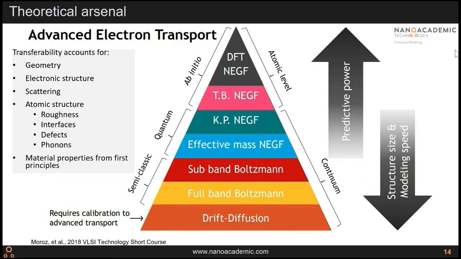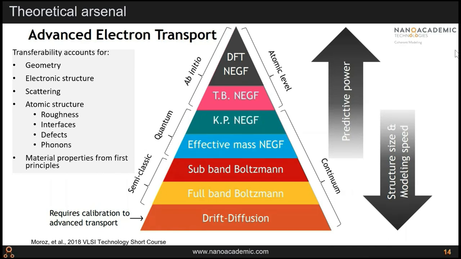So there is this pyramid of methods that's from Moraz in a VLSI Technologies short course. And while Nanodcal locates here at the top of the pyramid, at Nanoacademic, we also developed a drift diffusion solver, and we have an effective mass solver, and we're working on developing the center of the pyramid here.